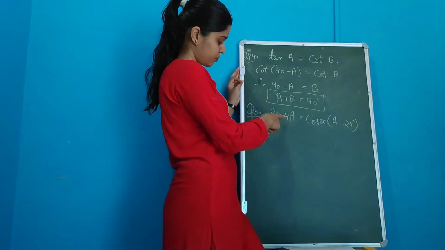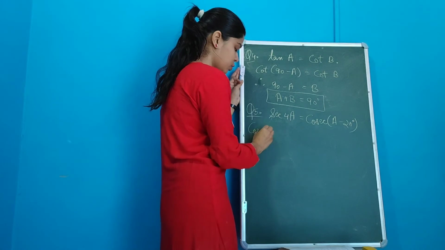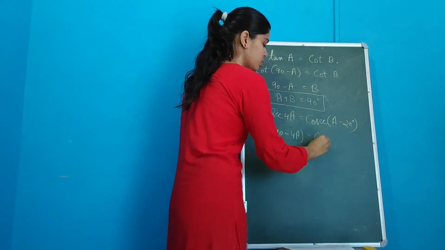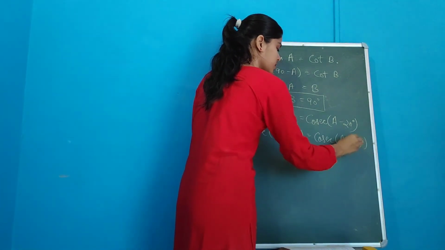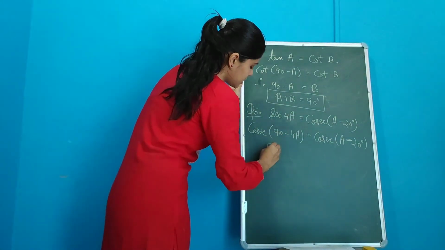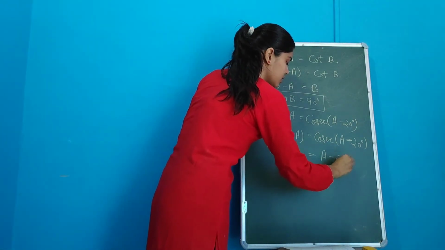Secant of 4A can be converted into cosecant by writing cosecant of 90 minus 4A equals to cosecant of A minus 20 degrees. Okay, cosecant cancel them in your mind. 90 minus 4A equals to A minus 20 degrees.